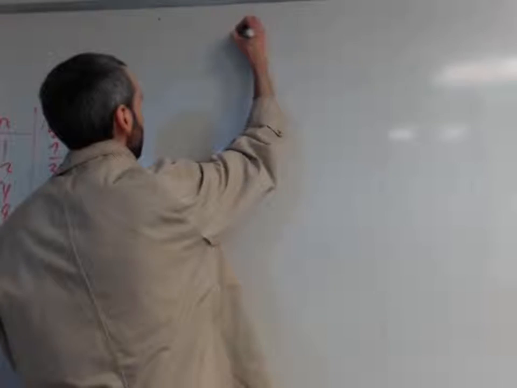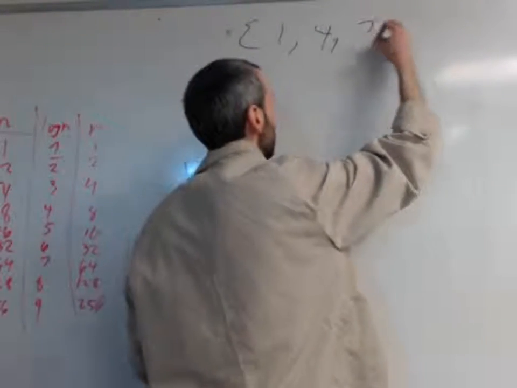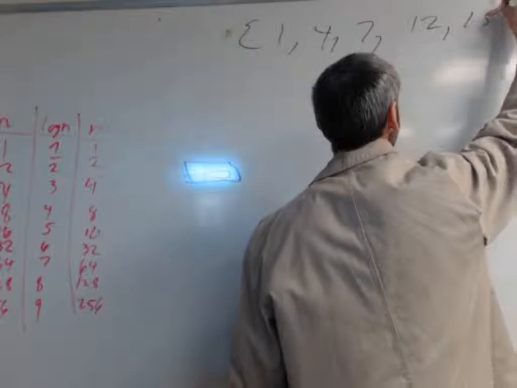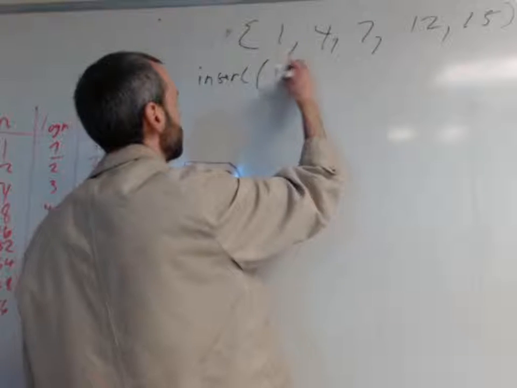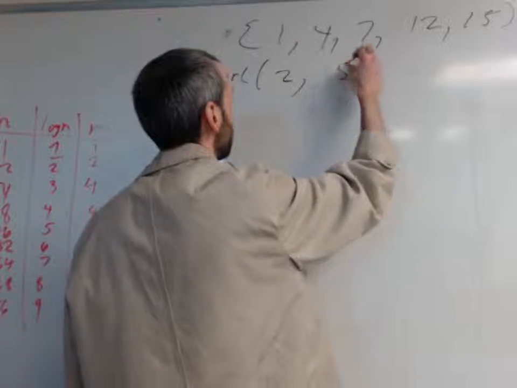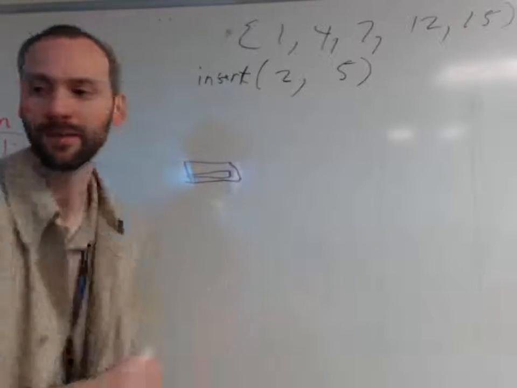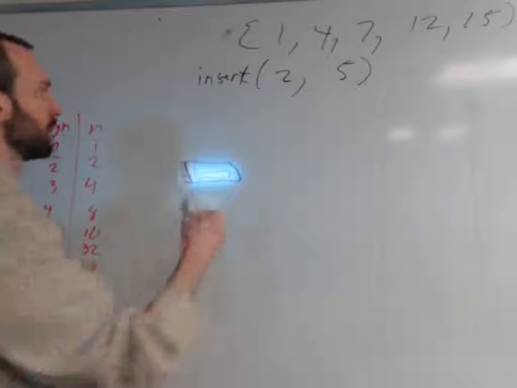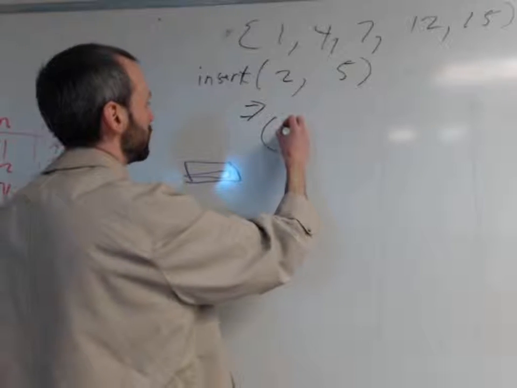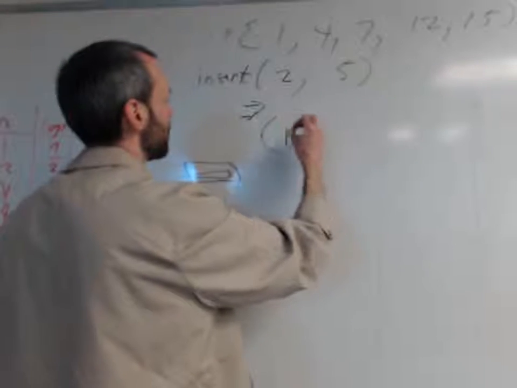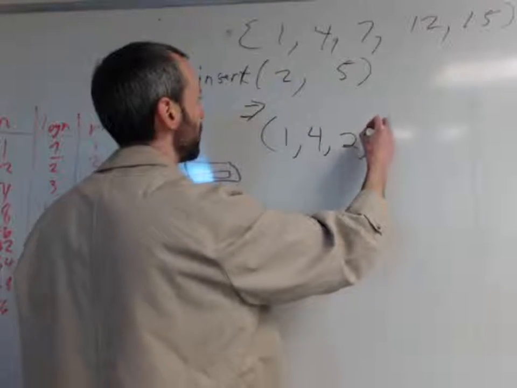So let's say you have the array 1, 4, 7, 12, 15, and you wish to insert at position 2 the value 5. That is so beautiful. All right, is that clear? What that would mean is you'd still have position 0, position 1, then the 2 would go there, and then everything afterwards.